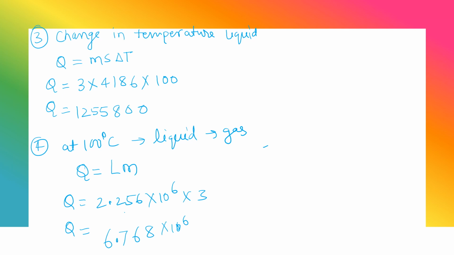So finally I can write here the heat required in the fourth stage. I'm just writing for your reference, this is the fourth stage, that is 67680, right? Not 00 because 3 decimal places here, so one more 0, joule. So this is our Q.